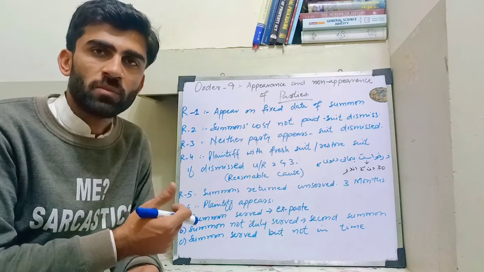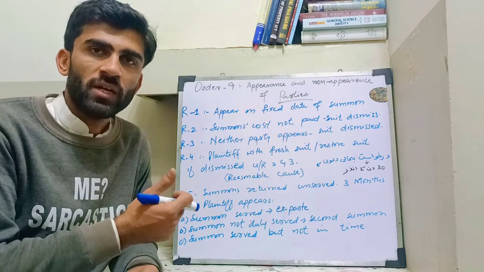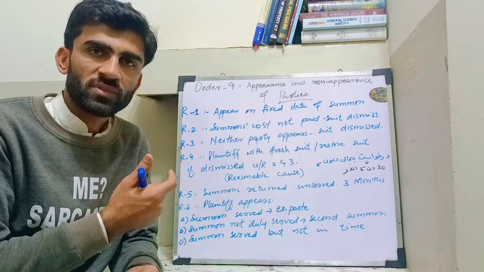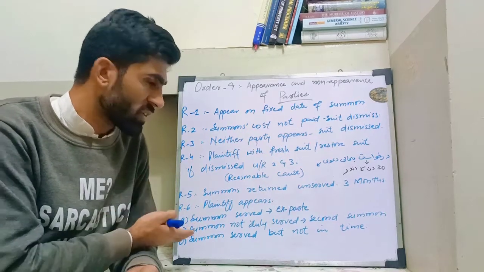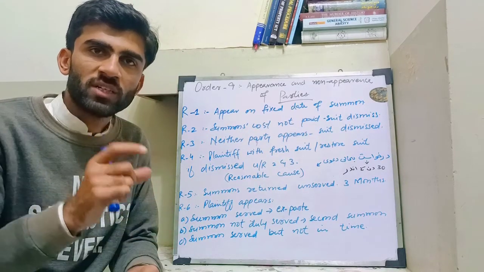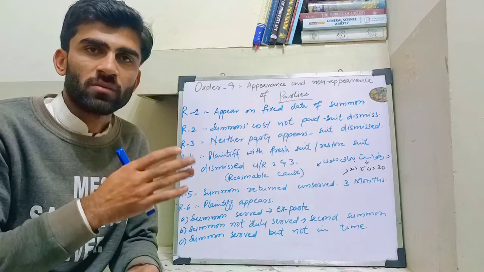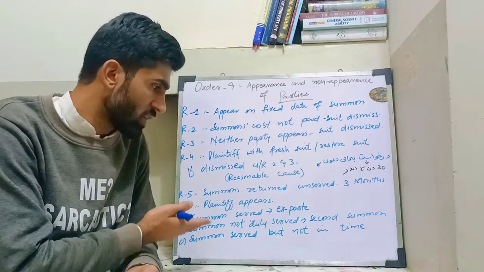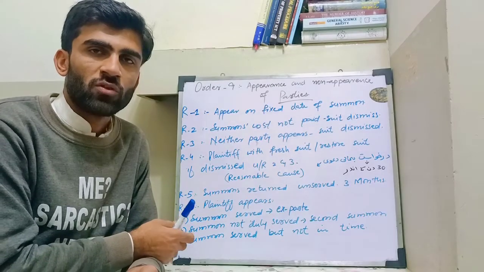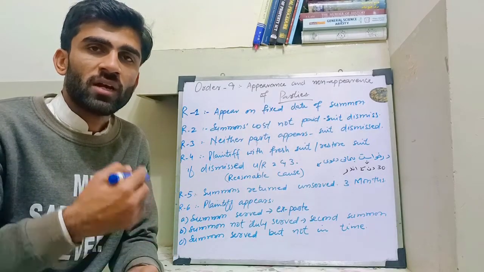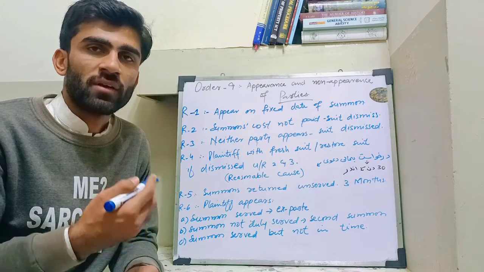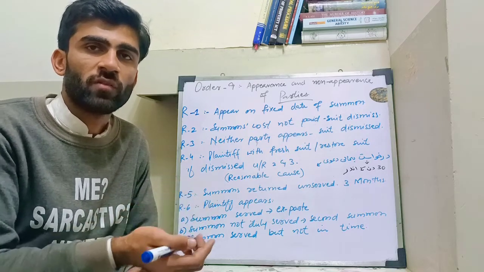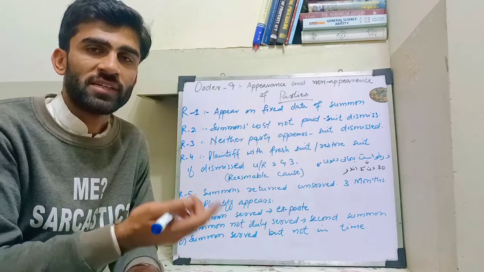After that the process server again came and gave that summons to the defendant. Then what will happen? The defendant was served, but not in time. So the hearing will be postponed, and the next date will be fixed for the next hearing.